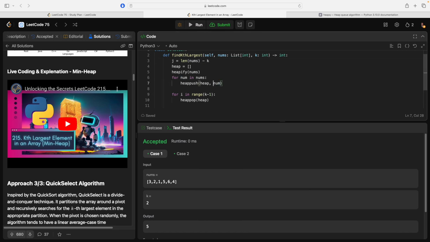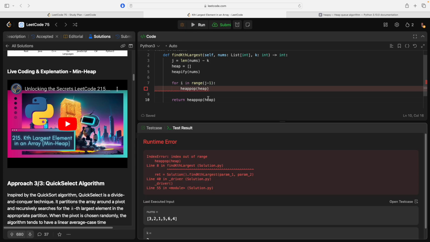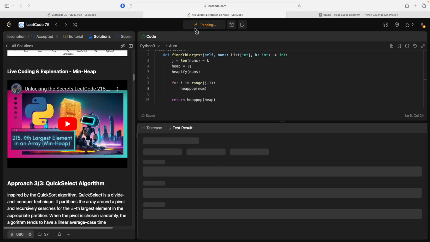And we don't need to do this. Instead, we could just say for i in range j minus 1. Would that work too? Nope. Heap pop nums.